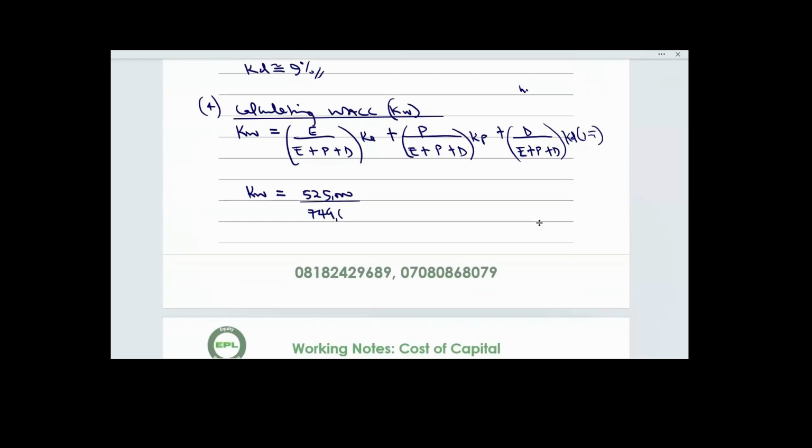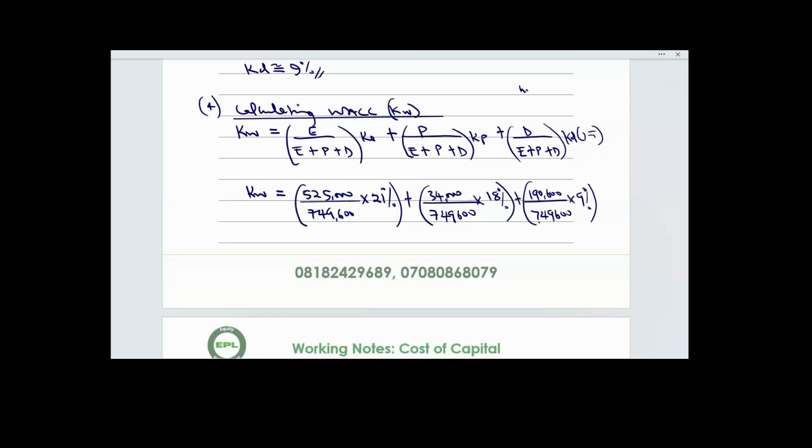Then multiply by cost of equity 21% we calculated, plus market value of preference share 34,000 divided by total value 749,600 multiplied by cost of preference share, 18%, plus value of the debenture 190,600 divided by total value of 749,600. After tax cost of debt, we got approximately 9%.